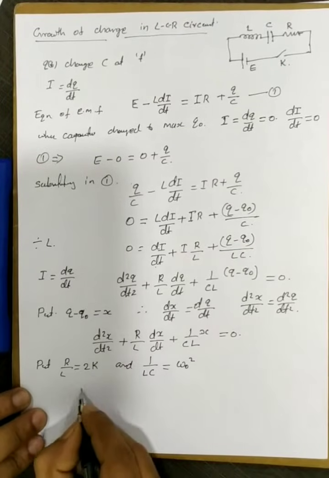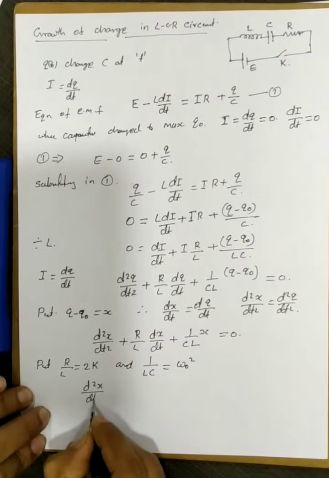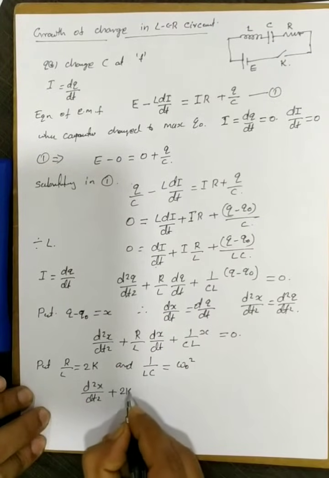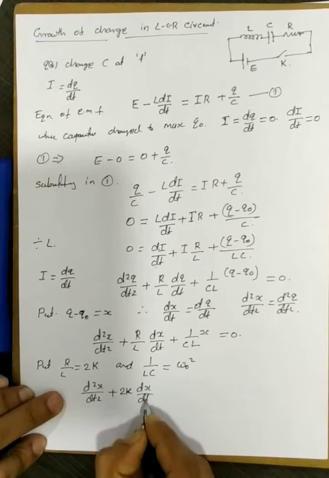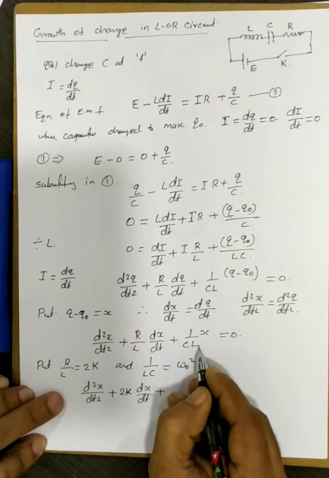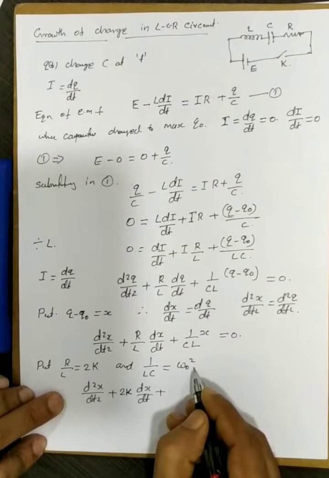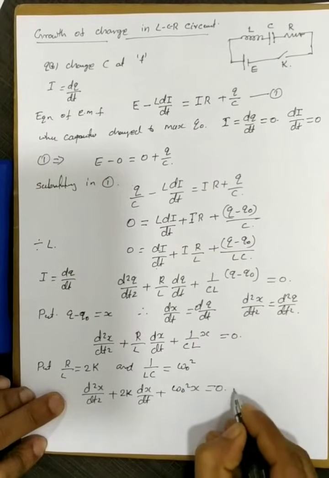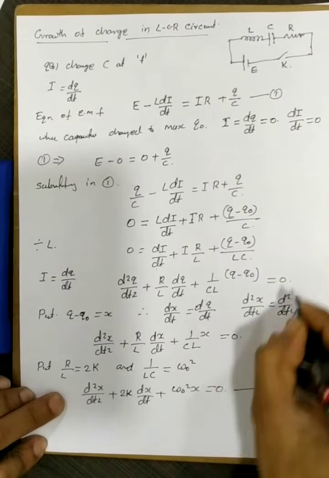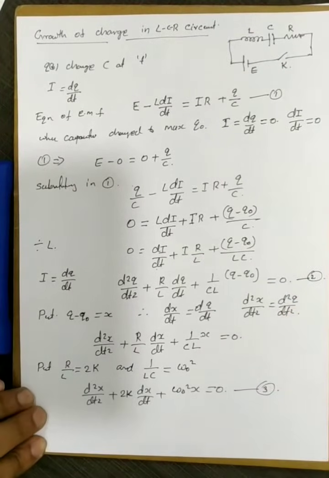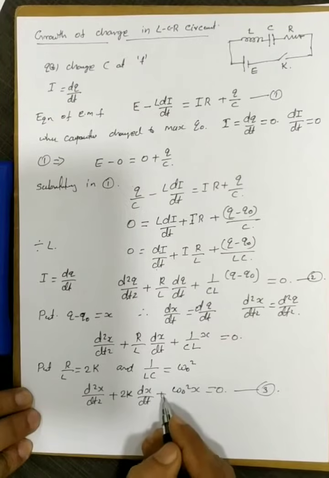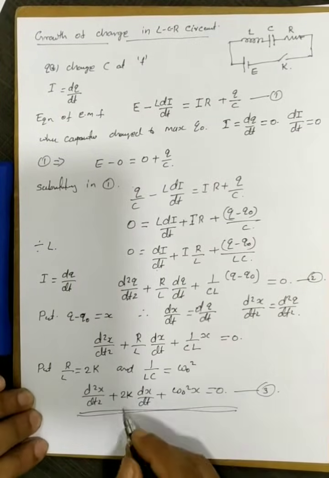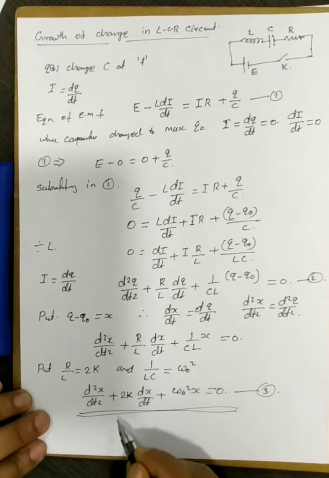Now this equation becomes d square x by dt square plus 2k dx by dt plus omega 0 square x equal to 0. This is equation 3, equation 2 being the previous one. Equation 3 is a second order differential equation. So this is a familiar equation to you: the damped harmonic oscillator equation.